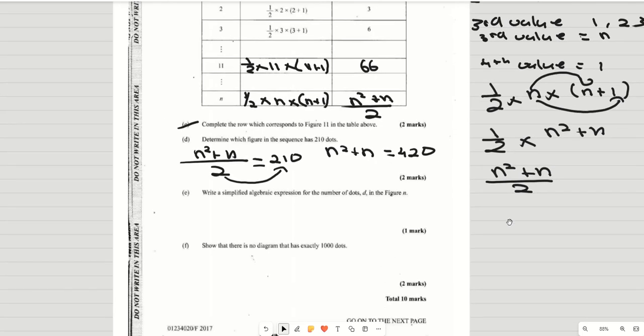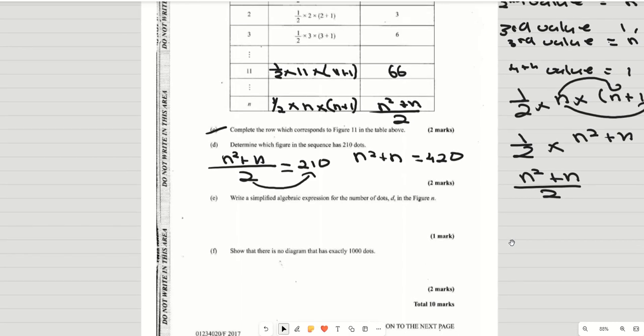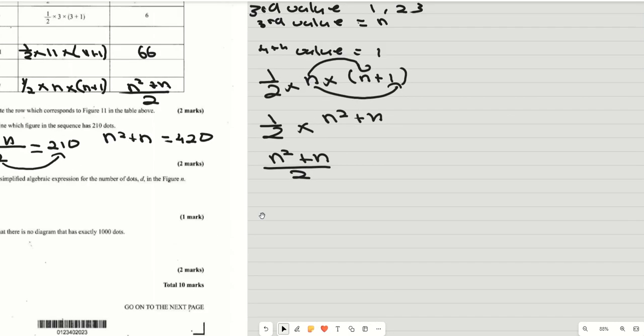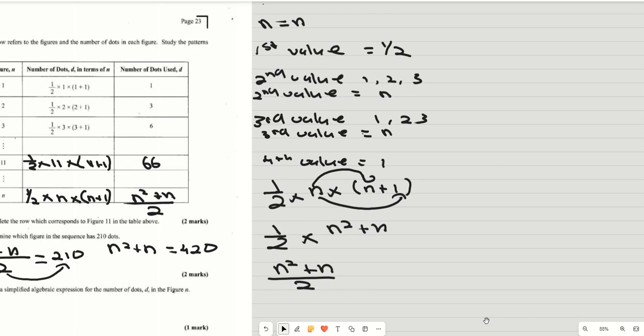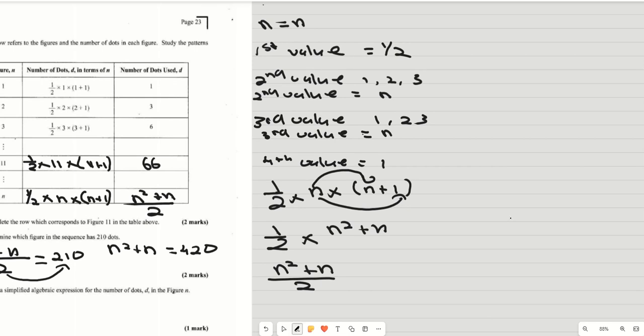All right. This question is a little bit tricky because what happens here is we get a quadratic formula of n squared plus n. If you carry across, you want to make it equal to 0, right? It is equal to 420.